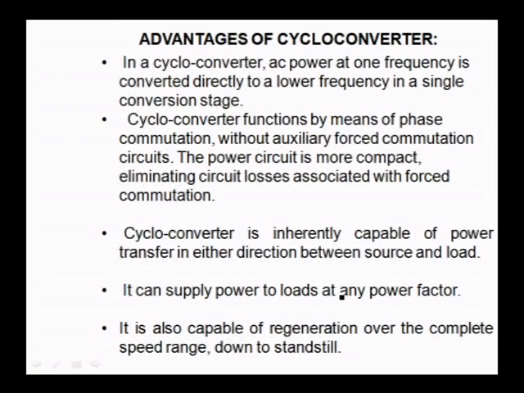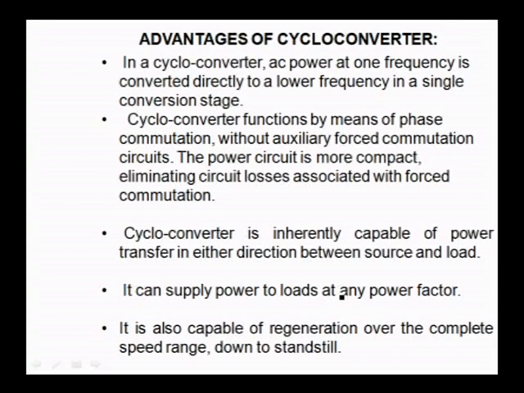In a two-stage conversion, we convert AC to DC, then DC to AC if you want variable frequency. So, it is a direct frequency changer. That is an advantage of a cycloconverter: it converts one frequency to another frequency in a single stage.